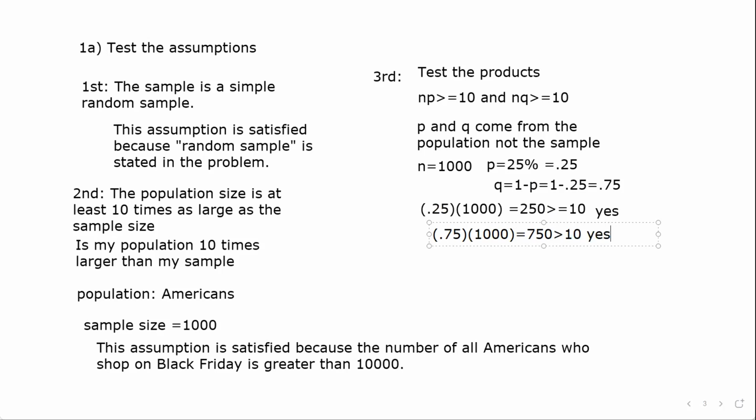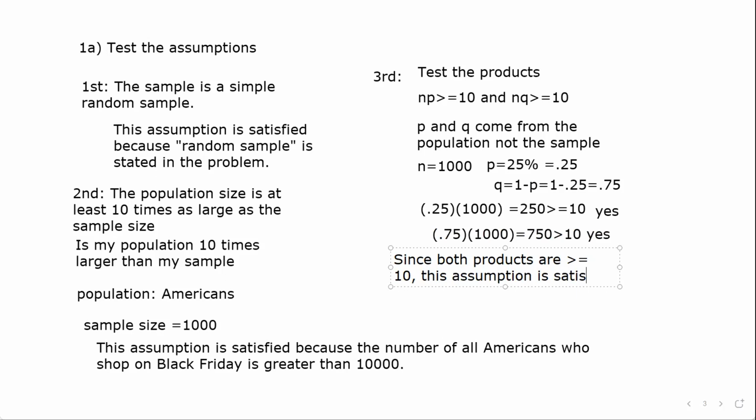Now we've satisfied the first assumption. We've satisfied the second assumption. So I'm going to write a sentence. You don't have to, but I'm going to write it just to be clear. So since both products are greater than or equal to 10, this assumption is satisfied.